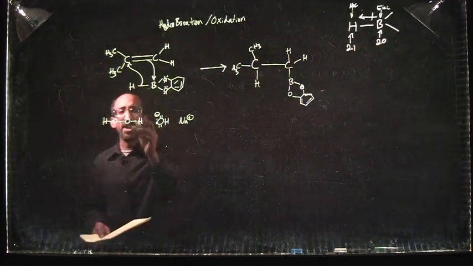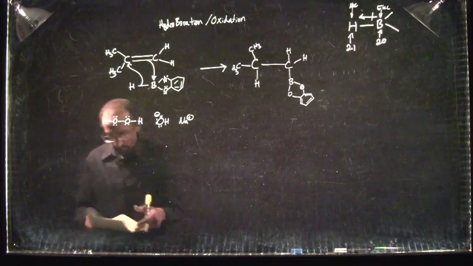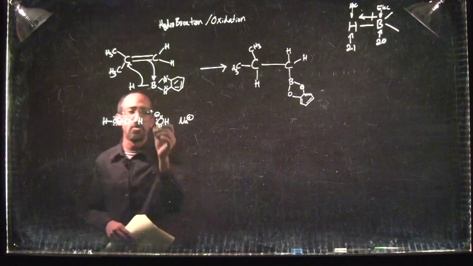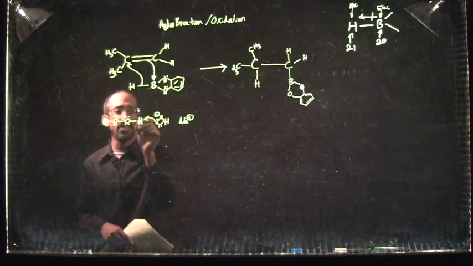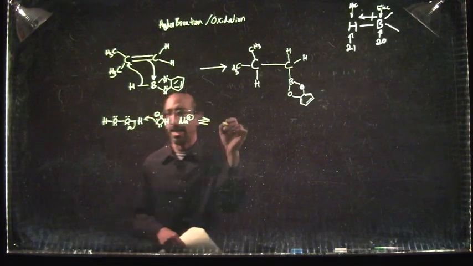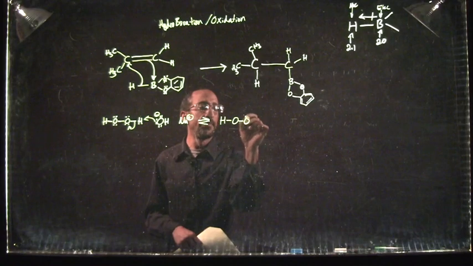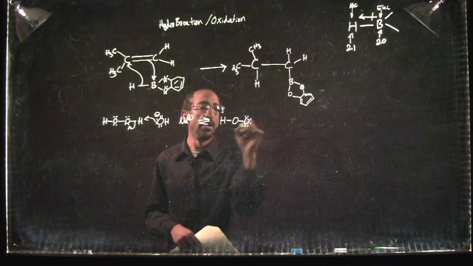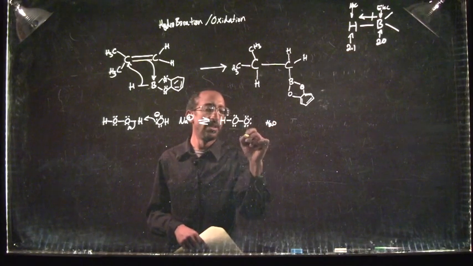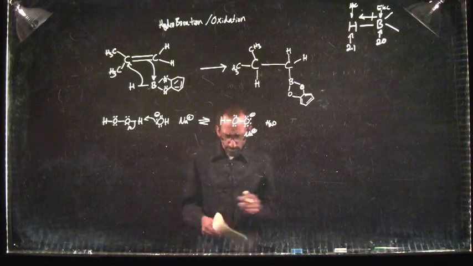Hydrogen peroxide has an acidic hydrogen, and even though its pKa isn't super great for this acid-base reaction to happen, we will still deprotonate that hydrogen peroxide and form the peroxide anion and a molecule of water. And there's our sodium to balance out our negative charge.